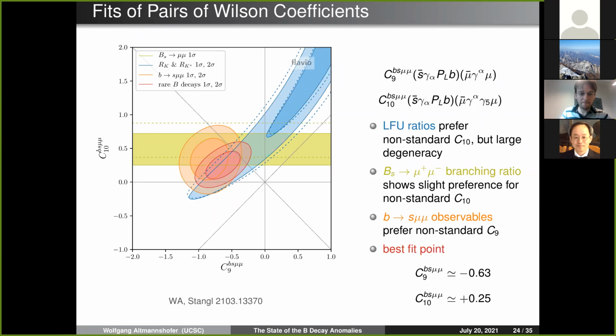And this orange region, from B to S mu mu. Does it include, for example, P5 prime and branching ratios, etc.?